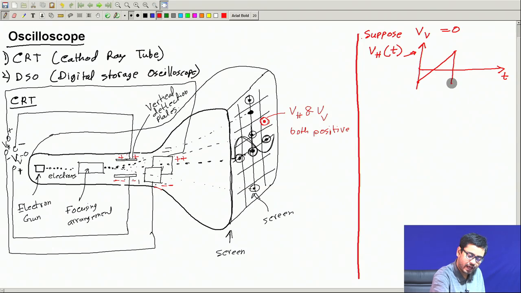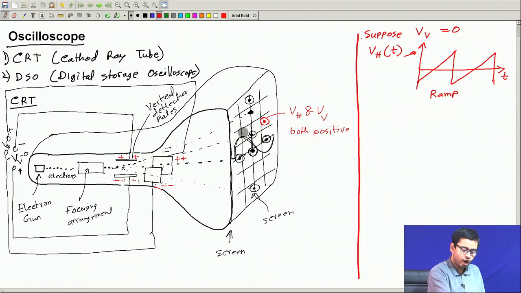And then here again it goes like this and then comes back again to negative. So, this is a ramp. This is a ramp signal which we have applied between the two horizontal plates.